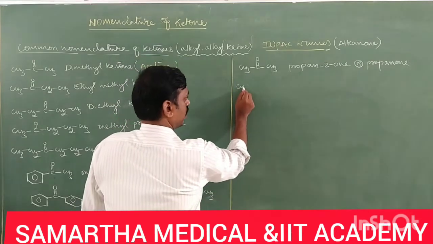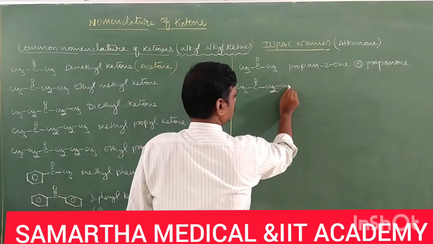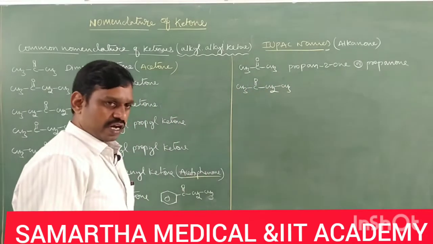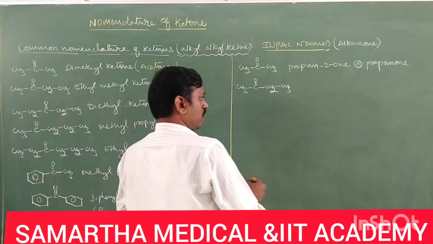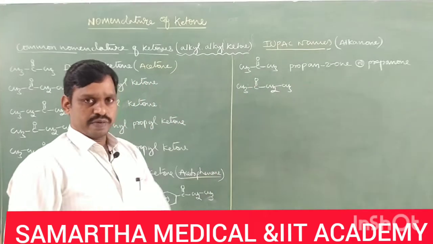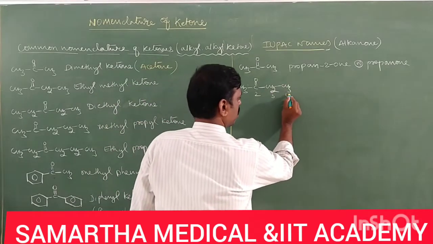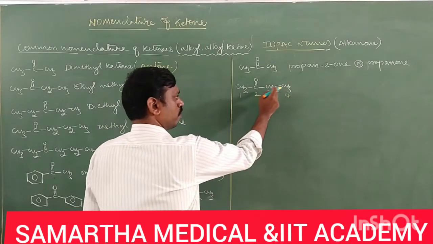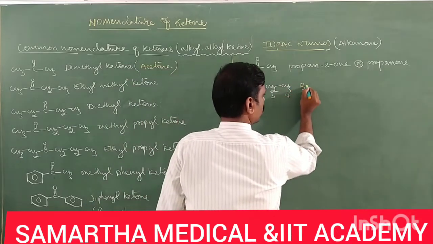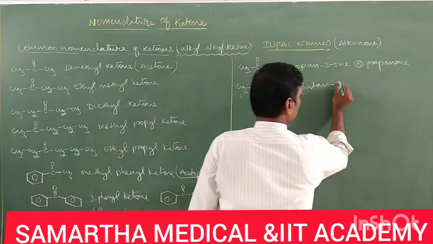Next, if there are 4 carbons, give the numbering in such a way that the keto group gets the least number. So it is 1, 2, 3, 4: meth, eth, prop, but. It should be butane, 2-one.